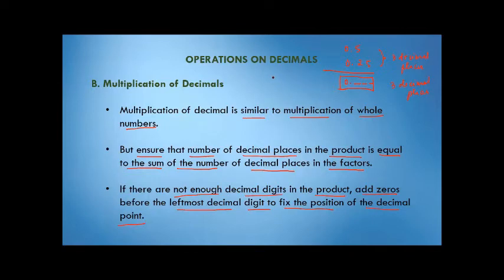Kung halimbawa, ang huling answer ay 125, kailangan ng 4 na decimal place. So, tatlo lang to, magdadagdag tayo ng 0 here. Saka tayo magdadagdag ng decimal point and another 0. Yun yung ibig sabihin ng bullet number 3 para ma-fix yung position ng decimal point. Makikita natin yan sa mga examples.